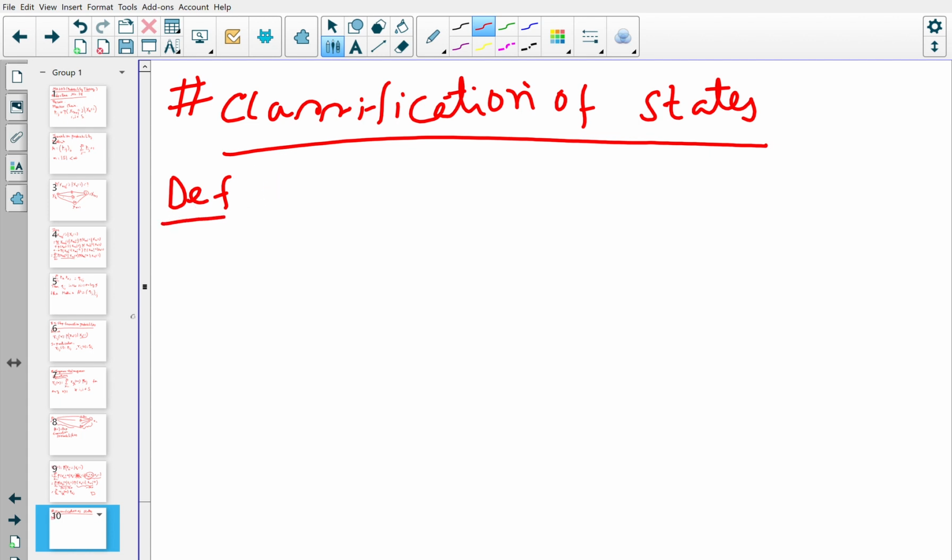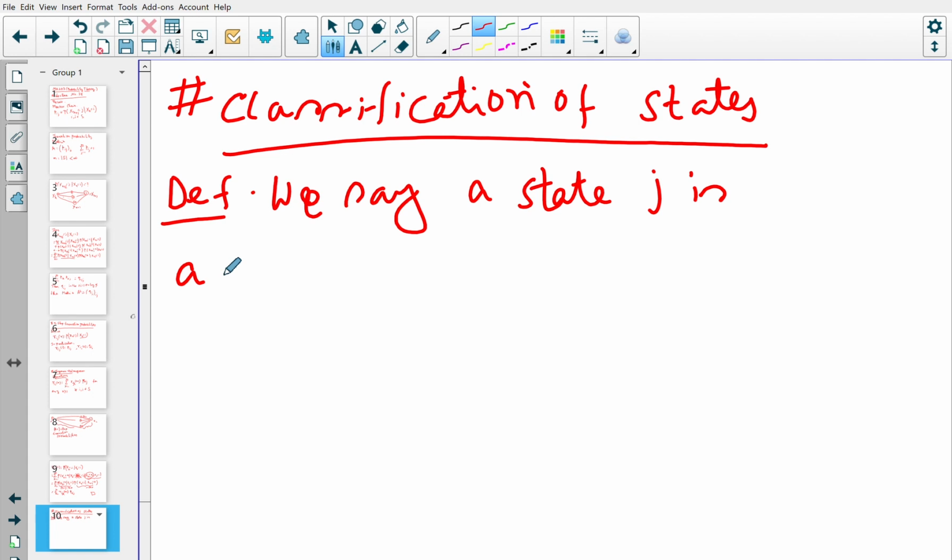Definition. So we say a state j is accessible from a state i.